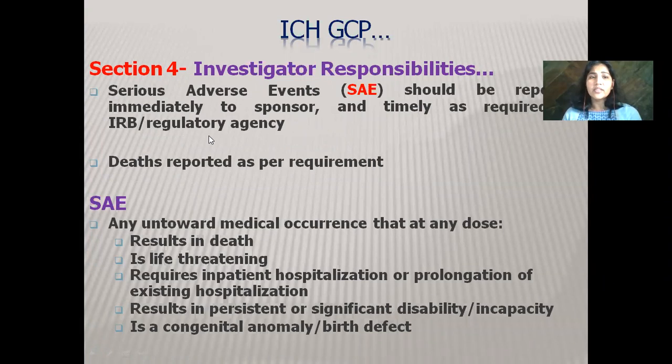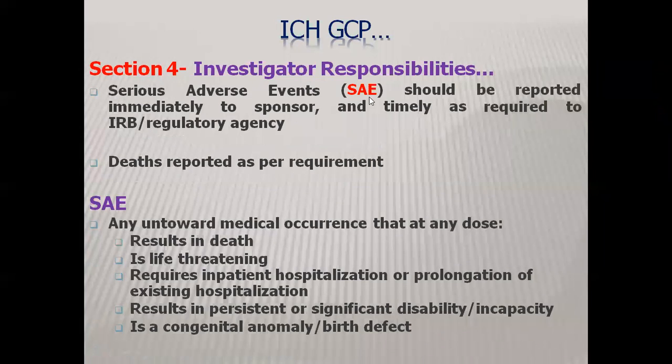Then moving on further, the serious adverse event reporting. A serious adverse event should be reported immediately to the sponsor and, as required, in a timely manner to the IRB and regulatory agency. This is an important role of the investigator, and also an important role of the sponsor.